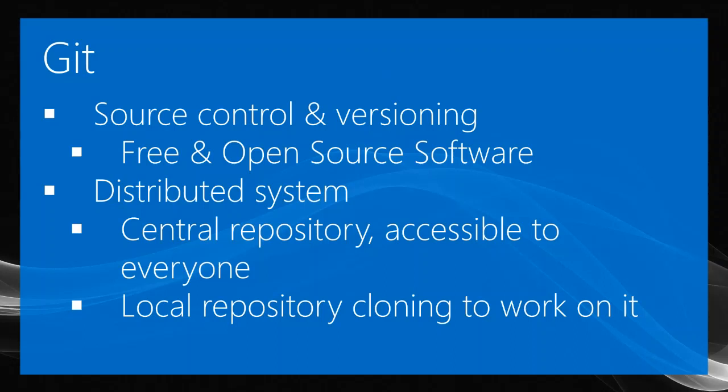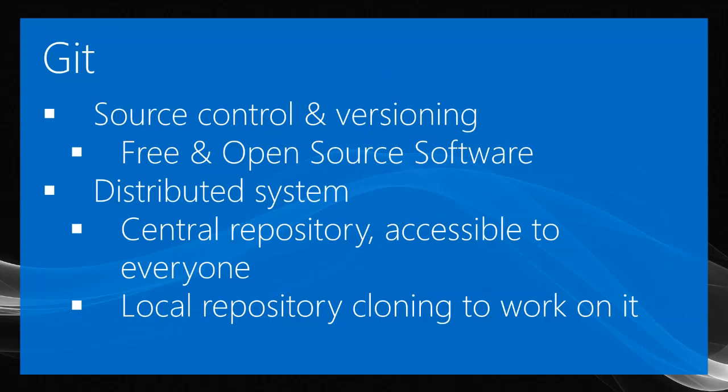Now, Git uses a distributed system, which means that once you start using Git, you will create so-called repositories that then contain and track your code. And these repositories can be distributed. So you normally have some central place where these repositories will be stored, let's say on a server or on some platform, and then whoever wants to work with that code can then pull down a local version of it.